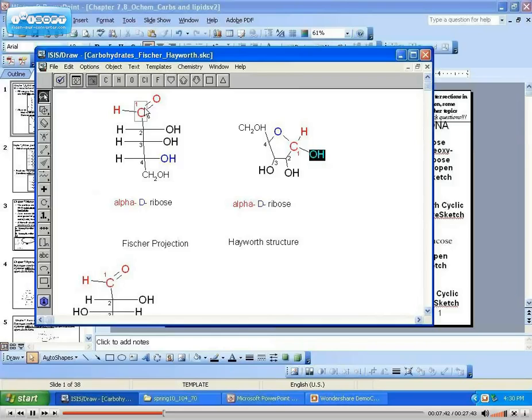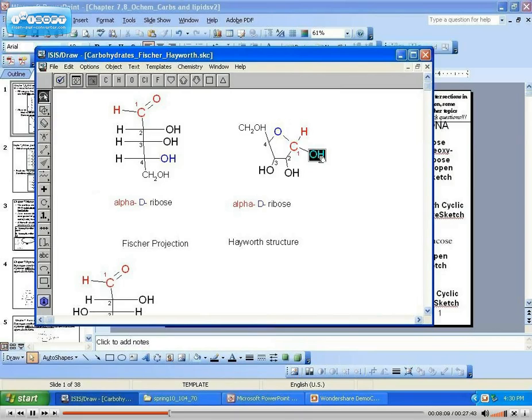Now, the minute carbon 1, which is highlighted in red, went from an aldehyde to an alcohol, we have now created in this cyclic structure a new chiral carbon. With this new chiral carbon, the alcohol is either going to be in a down position or it's going to be in an up position.